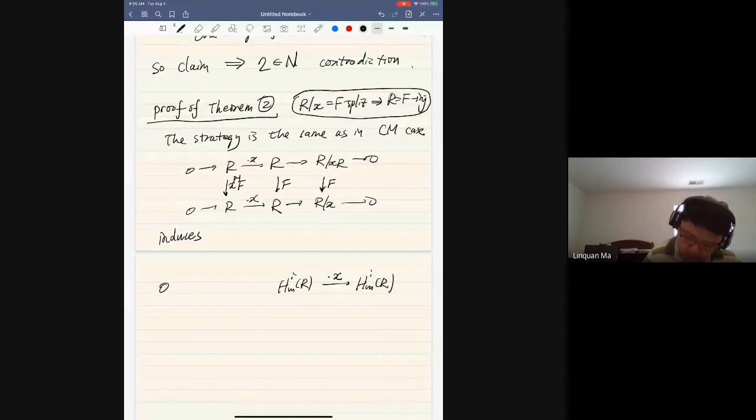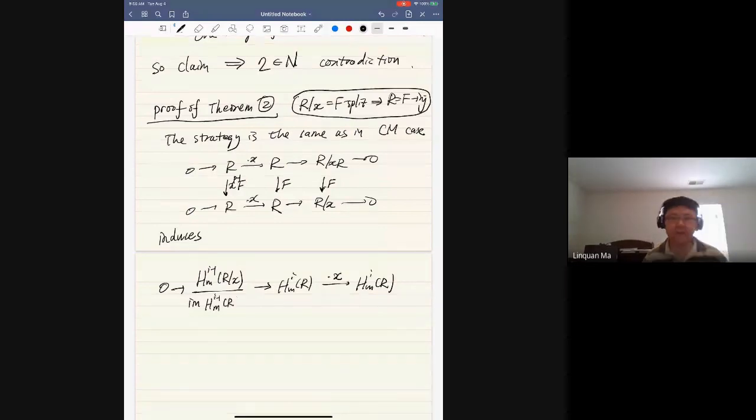H_m^i(R), and here I want to put H_m^{i-1} of R mod x, but of course, if I put this, it's not exact. This is not the kernel. The kernel is this one modulo the image of H_m^{i-1} of R. So I'm just going to keep this, whatever it is, and keep going.